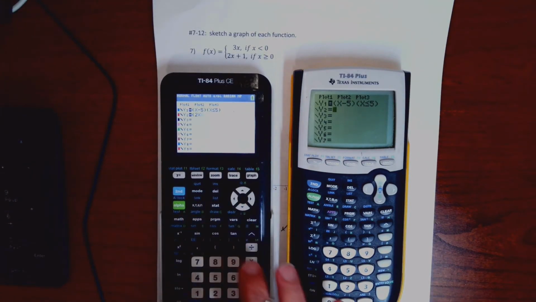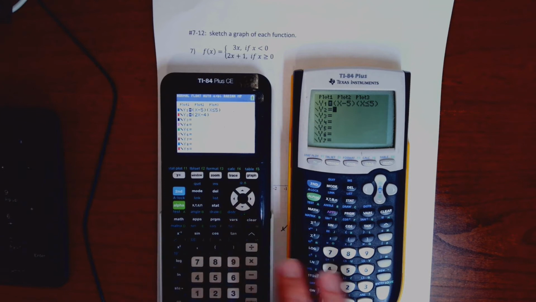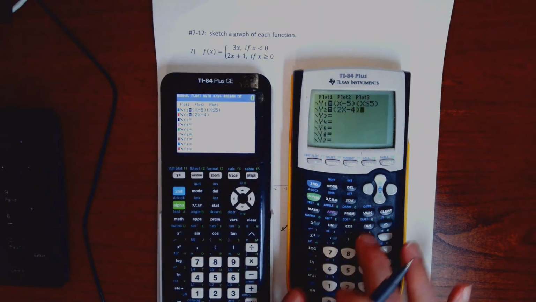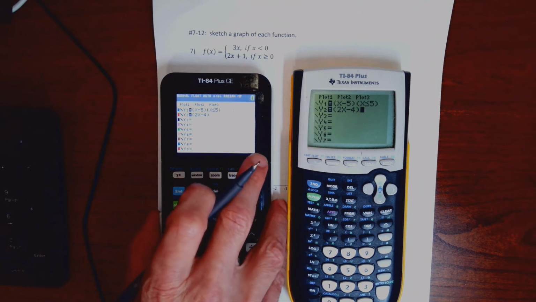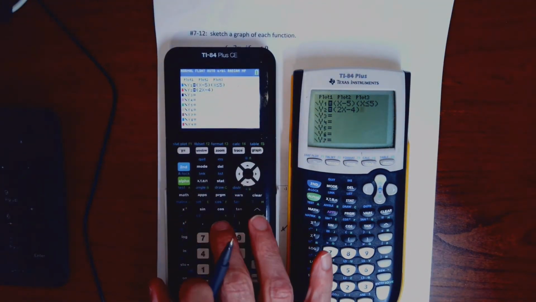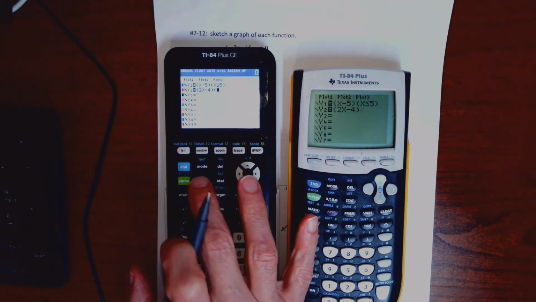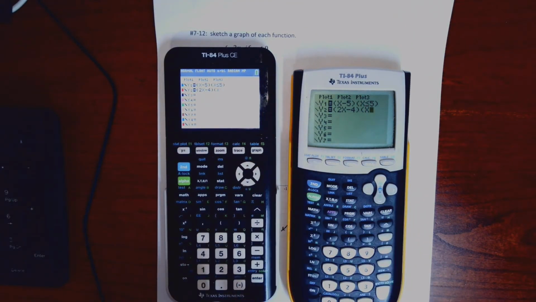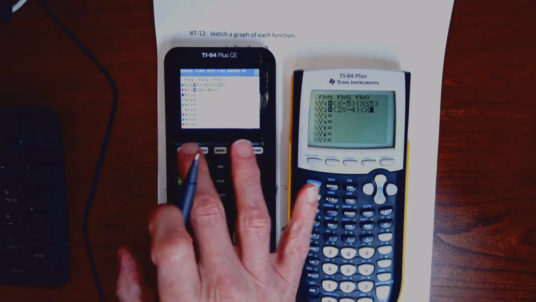So 2x minus 4. That's my function. Now my parameter, I only want this for x greater than 5. So parentheses, x, strictly greater than 5.